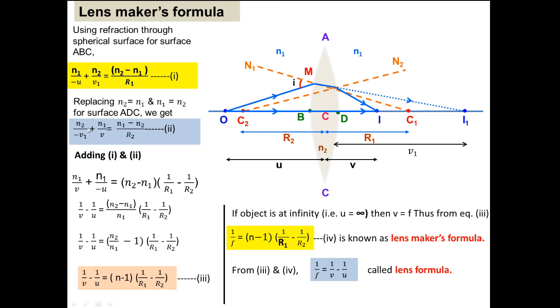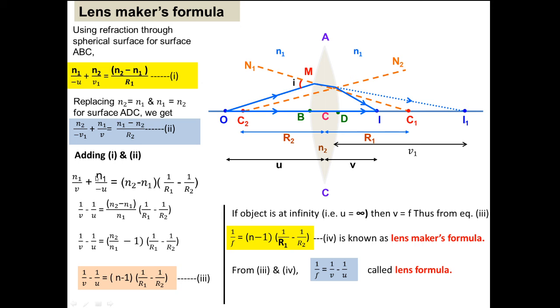N1 by V plus N1 by minus U equal to N2 minus N1 into 1 by R1 minus 1 by R2. Why minus 1 by R2? Here it is N2 minus N1 in equation 1, here N1 minus N2, and we are taking N2 minus N1 common, so this term will be minus 1 by R2.